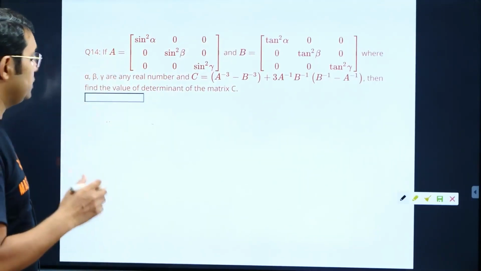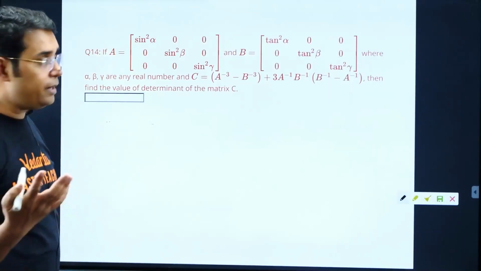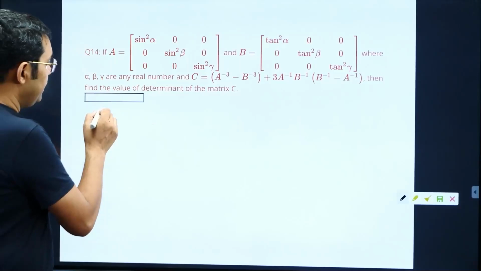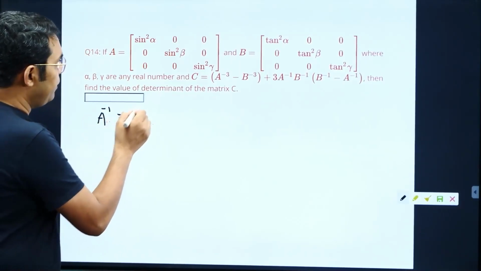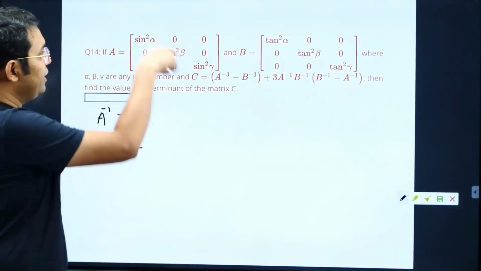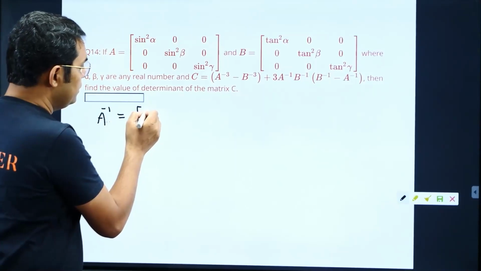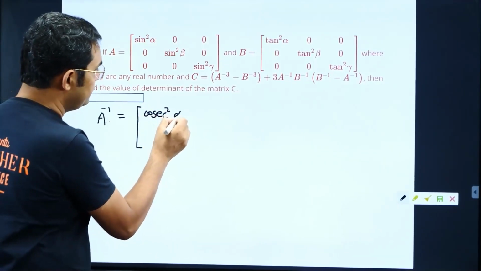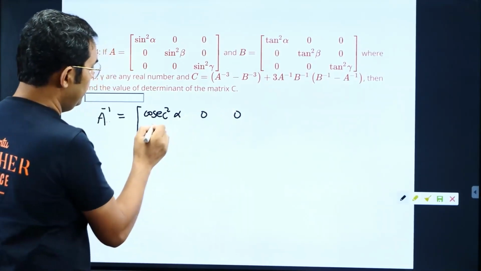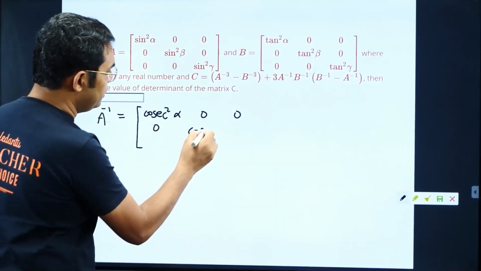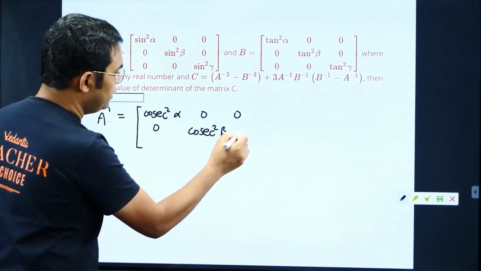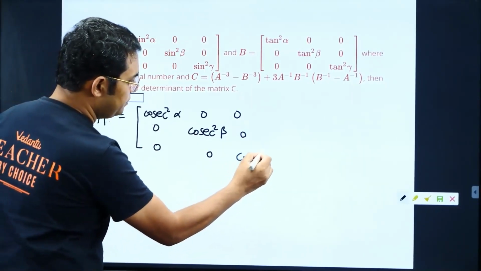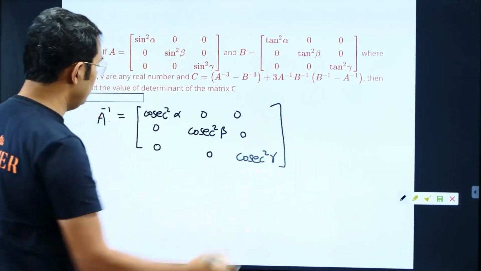For such questions, if you remember that for diagonal matrices, their inverse is nothing but taking the inverse of the diagonal elements, then it's very easy. It will be cosecant square alpha, cosecant square beta, cosecant square gamma on the diagonal, with 0 elsewhere.